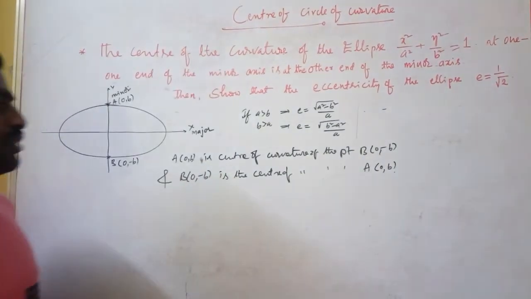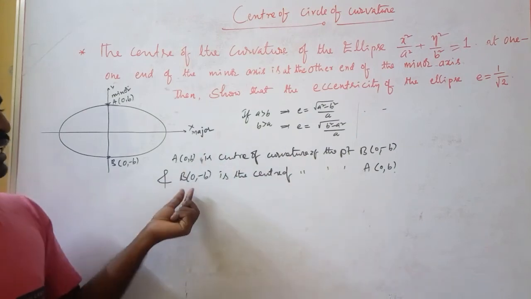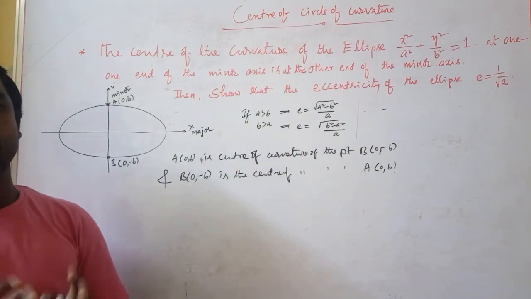So A is the center of curvature of B and B is the center of curvature of A. This is the given statement.